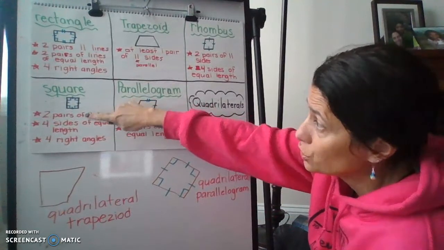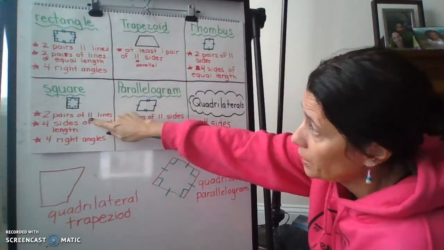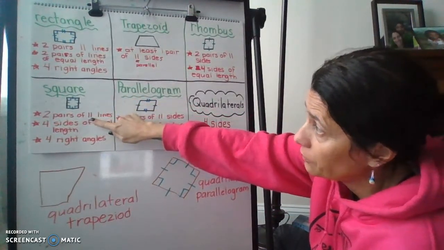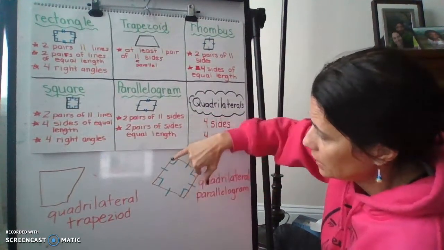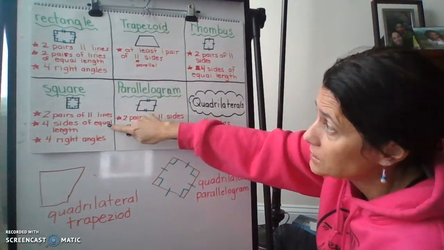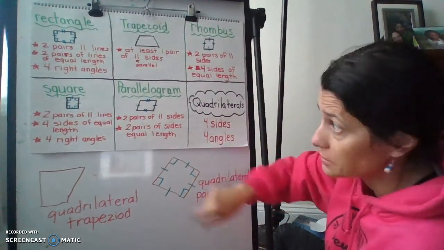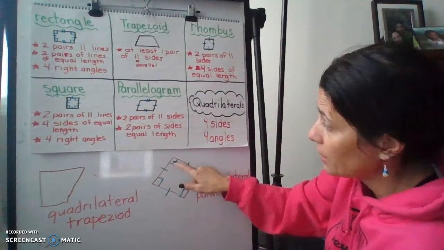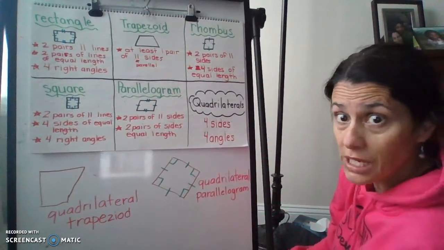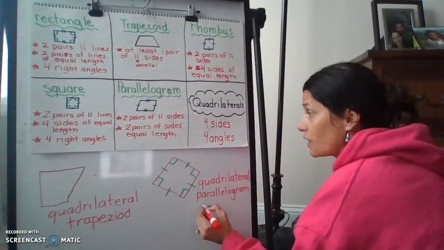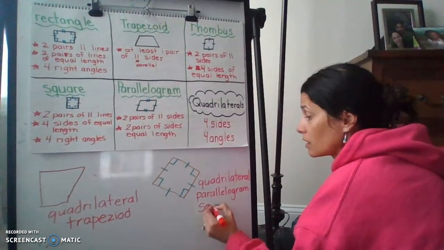Square. 2 pairs of parallel lines. Yes. 4 sides of equal length. Are they all equal? Yes. 4 right angles. Yes. So that is also a square.